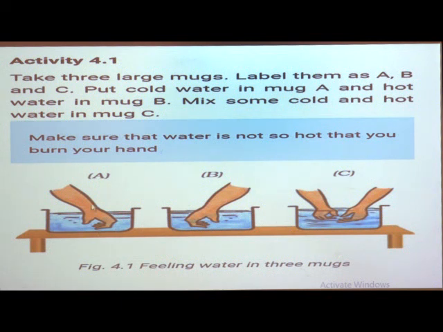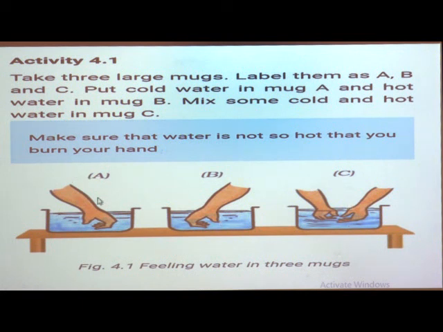It is labeled A, B and C. In flask A, which type of water is there? Put cold water in mug A. So in pot A we added cold water, and in B we added hot water, and in C we mixed hot and cold water.